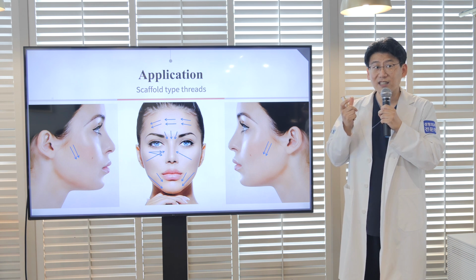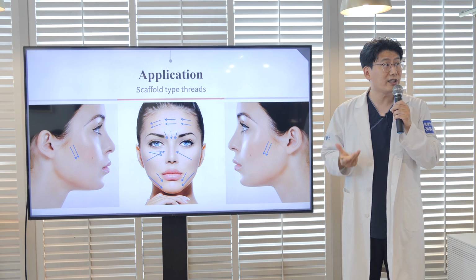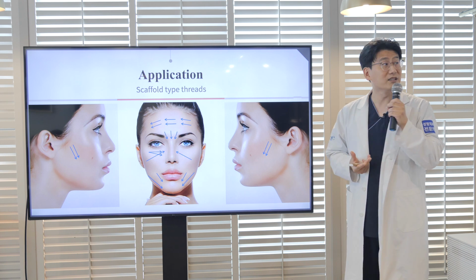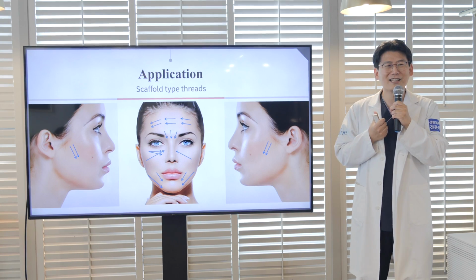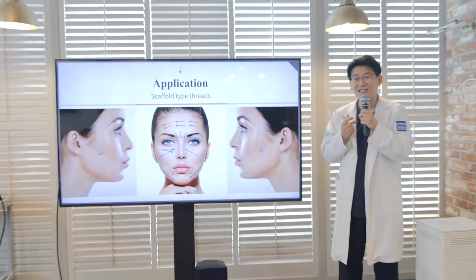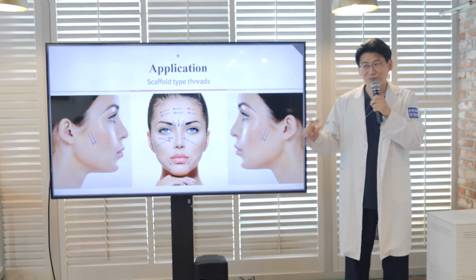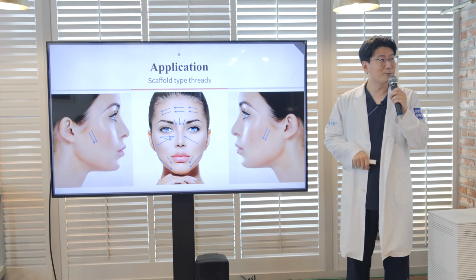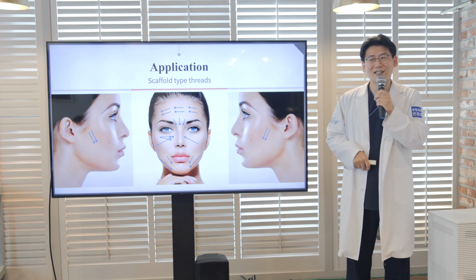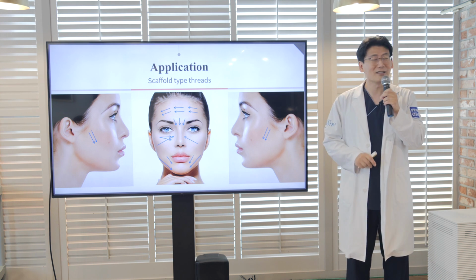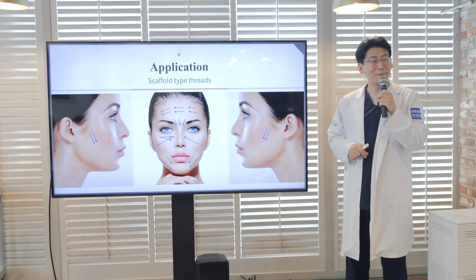If I inject the filler into that vessel, what will happen? Yes, blindness. So I'm really nervous and I don't want to inject filler there, but with the thread, it's totally different. Very simple, totally safe. The most serious complication with the thread is bruising. That's all. Very simple.